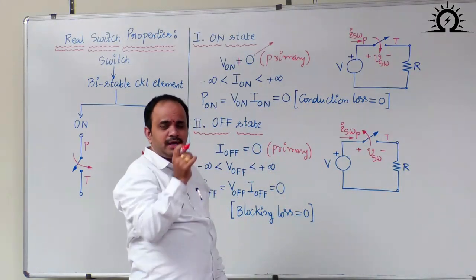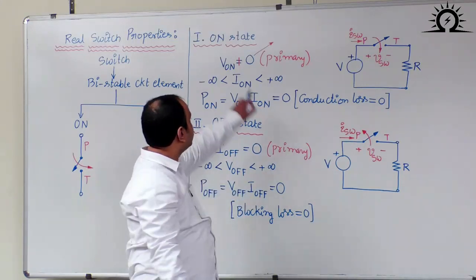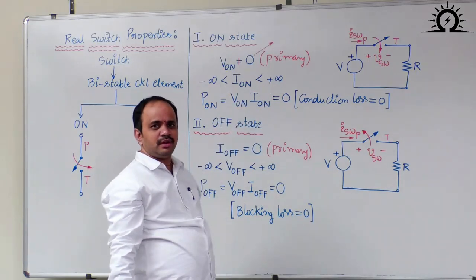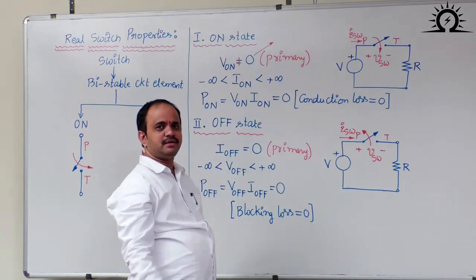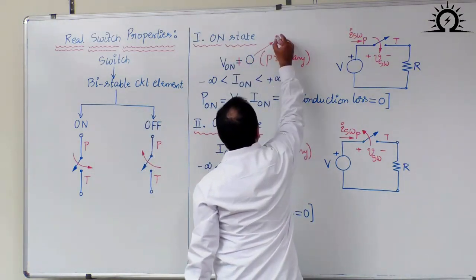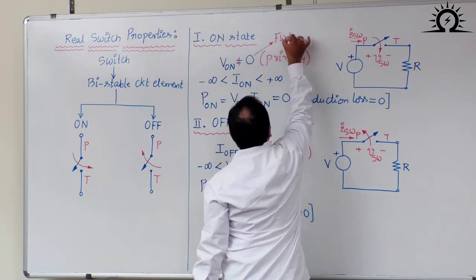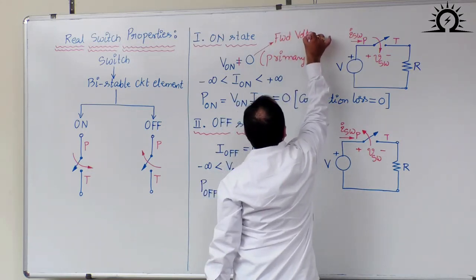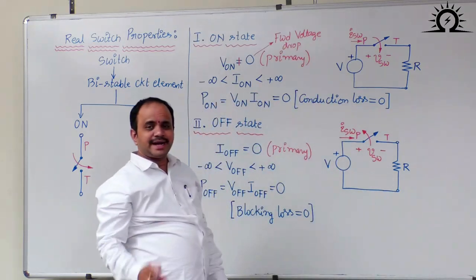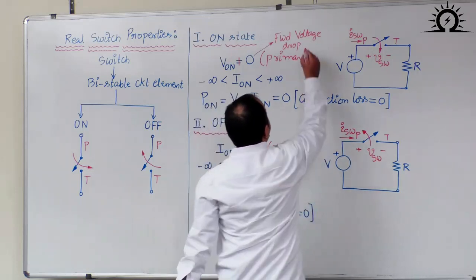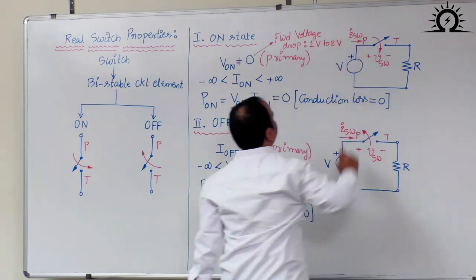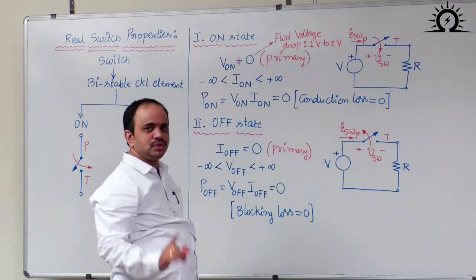Please don't modify your earlier discussion, rewrite instead. If you modify the earlier one, the ideal properties will be lost. This particular voltage drop is called forward voltage drop or forward conduction drop. This value is roughly in the order of 1 volt to 2 volts.